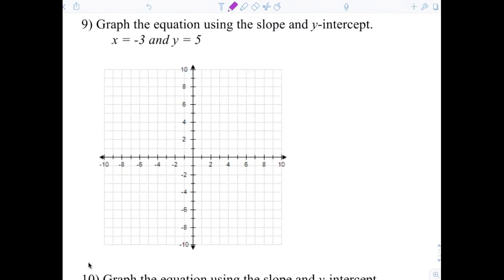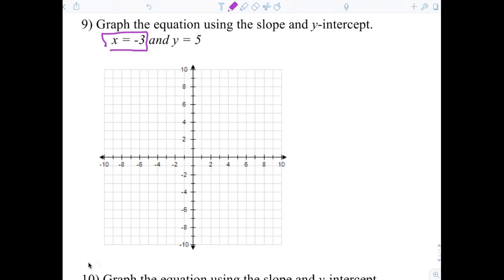Graph the equation using the slope and y-intercept. All right. Now listen. I'm going to teach you a new technique today, but this new technique really is not used for graphing x equals -3. From last week, x equals -3. Remember what type of line x equals -3 is? It's a vertical line. How I remember this is x equals -3 goes through the x-axis at what point?